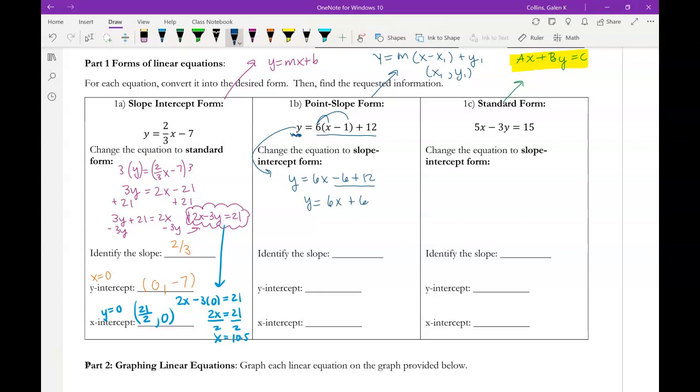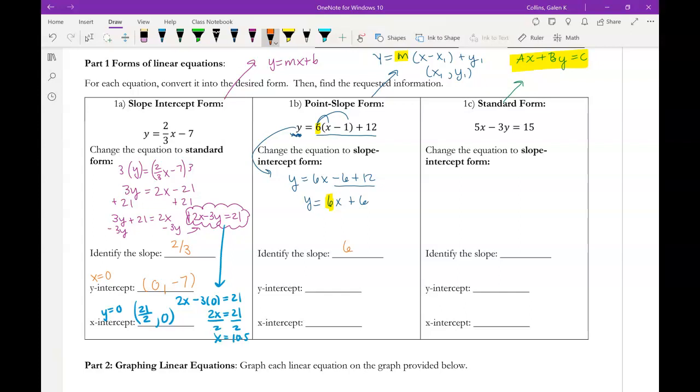Okay, so identifying the slope, well, we could see the slope in both forms, right? In point slope form, our slope is that m that sits outside the parentheses. In slope-intercept form, it's the coefficient of x. So our slope, no matter how we slice it, is 6.